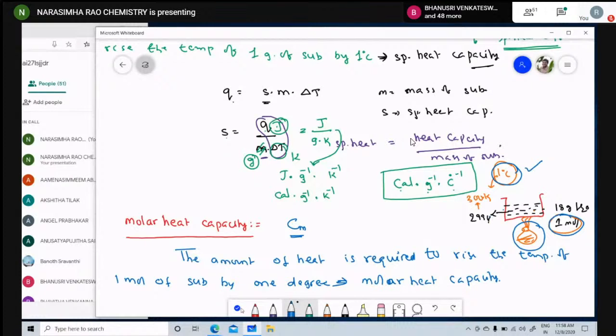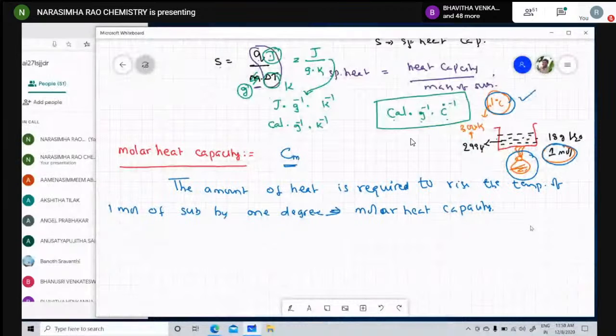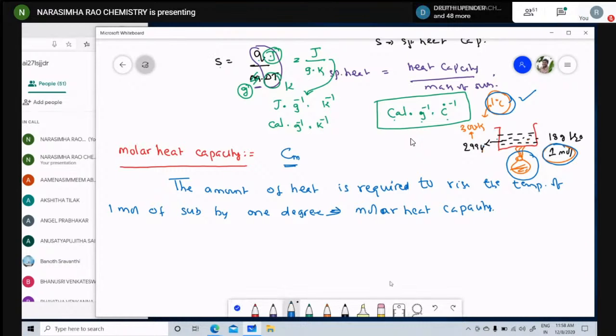Sir, in the above formula, specific heat capacity, the mass we already know is 1 gram, so that is specific heat capacity. Yes, so for convenience, instead of expressing every time for 18 degrees to 28 degrees particularly, he expresses it for 1 mole.